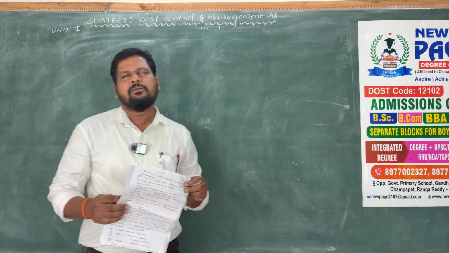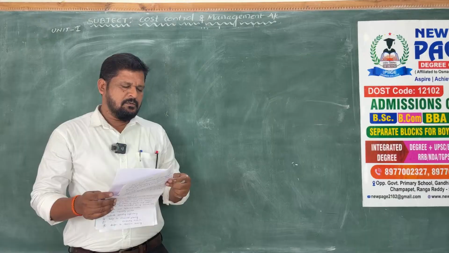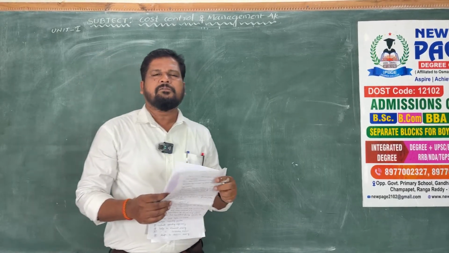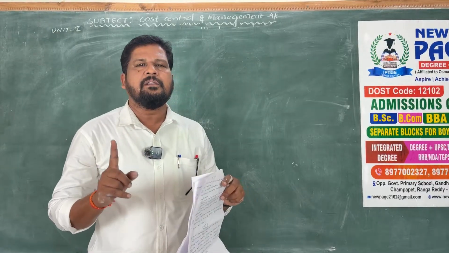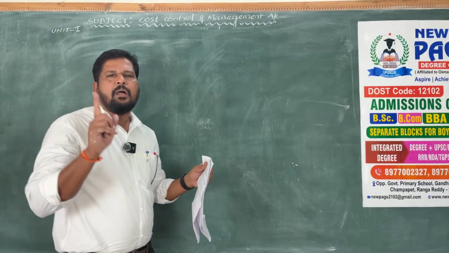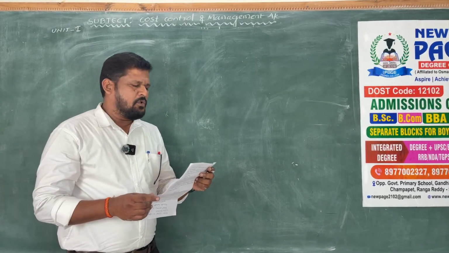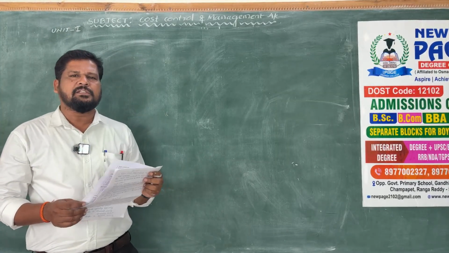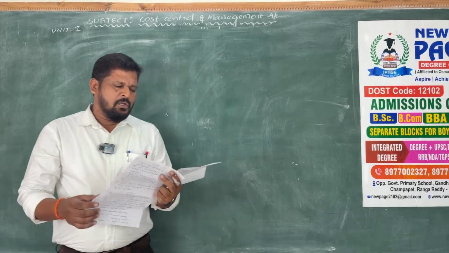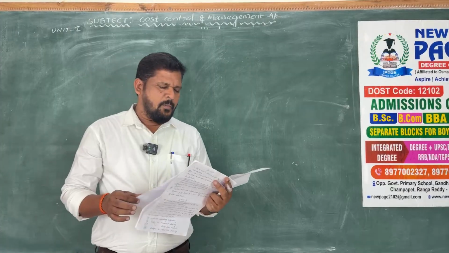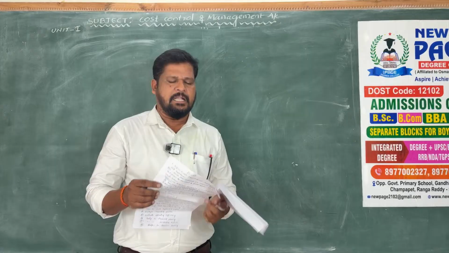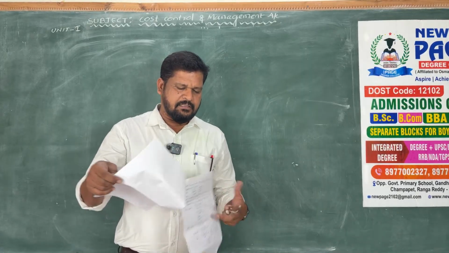In this unit, two questions are given: one question is a theory question, and the other question will be a problem question. So first of all, let's discuss the theory questions in budgets and budgetary control. Right? So dear students, you must read the two theory questions.